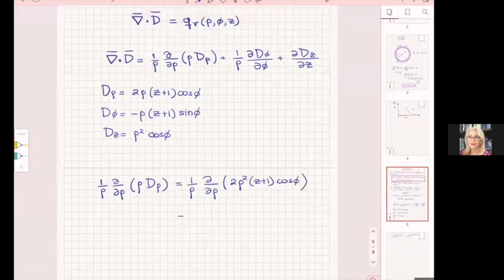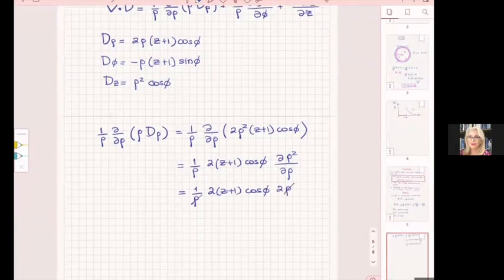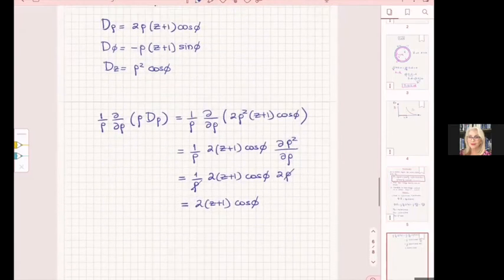So this is equal to 1 over rho times 2 (z plus 1) cosine phi times the partial of rho squared, which gives 2 rho. This and this one give us 2 (z plus 1) cosine phi. Let's call that 1.